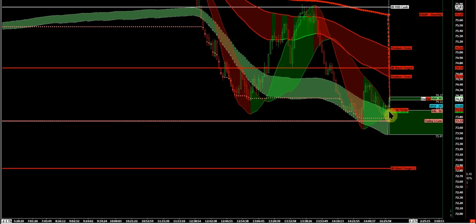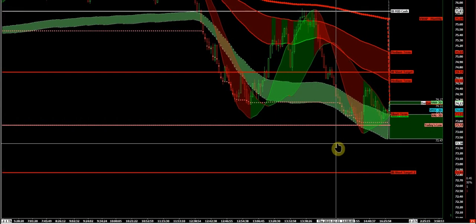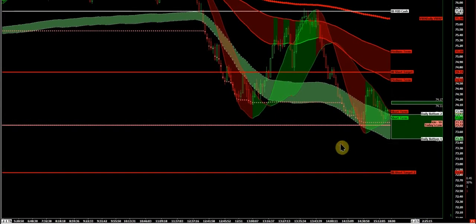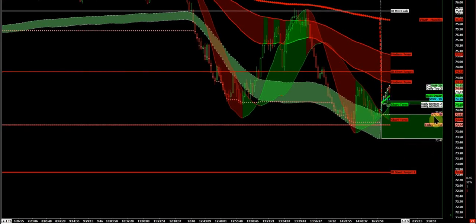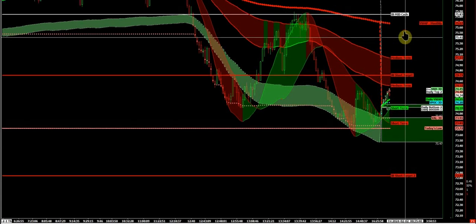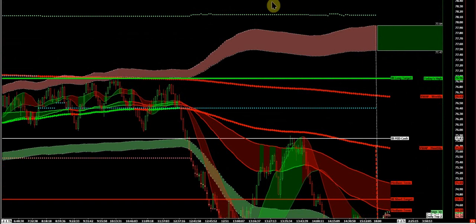I draw that here. See, this is my support zone right here, from 73.46 to 73.93, and that was approximately where that is. 74.7 doesn't make any difference. Tick. Okay, there's that, and all the way up here is my resistance level, which coincides with that 3-day value area high.